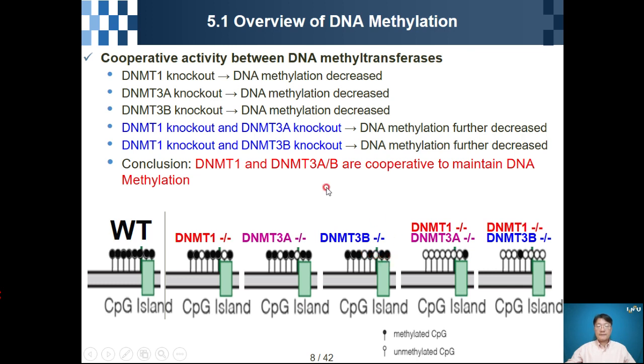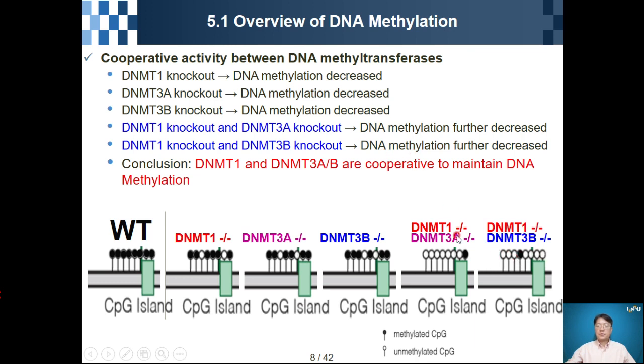But when DNMT1 and DNMT3A are both knocked out, in the double knockout, we found that DNA methylation is further decreased. Also, when DNMT1 and DNMT3B are both knocked out, DNA methylation is further decreased.